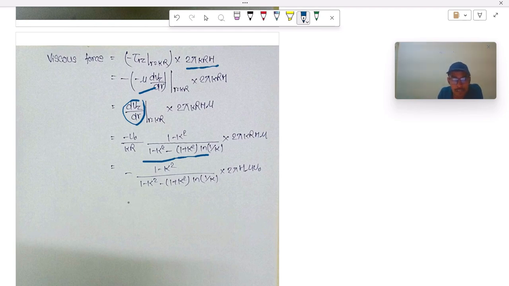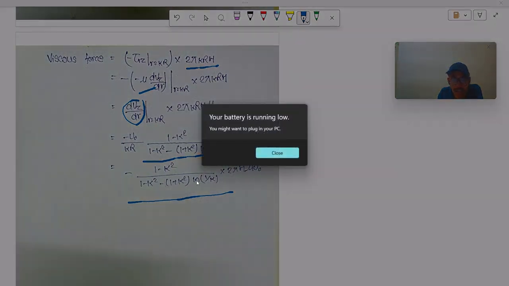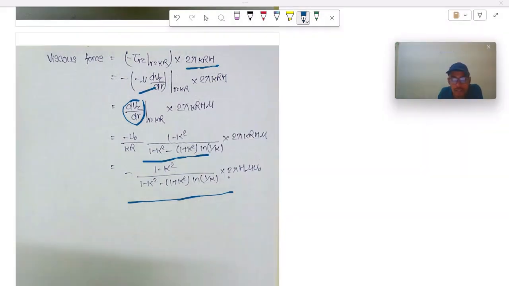So finally, the expression is given by minus (1 minus kappa) upon (1 minus kappa squared) minus (1 minus kappa) ln(1/k), into 2 pi h mu times v naught. This is the relation between the viscosity and the terminal velocity.